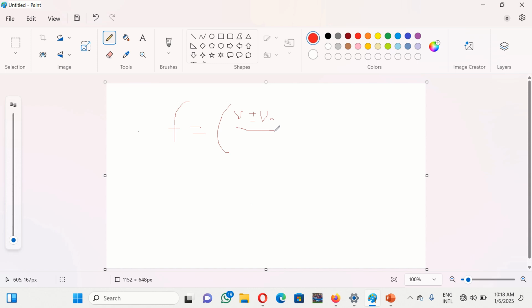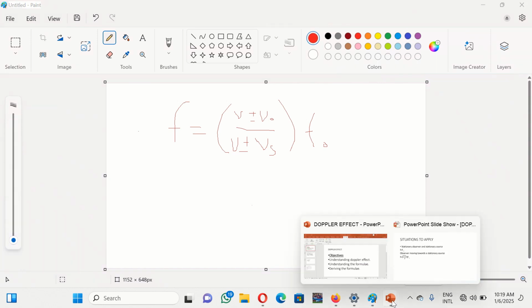This whole thing divided by V plus or minus V S. Okay. Then we have our F naught, and we have F naught here. Good. So we have observer moving towards a stationary source.